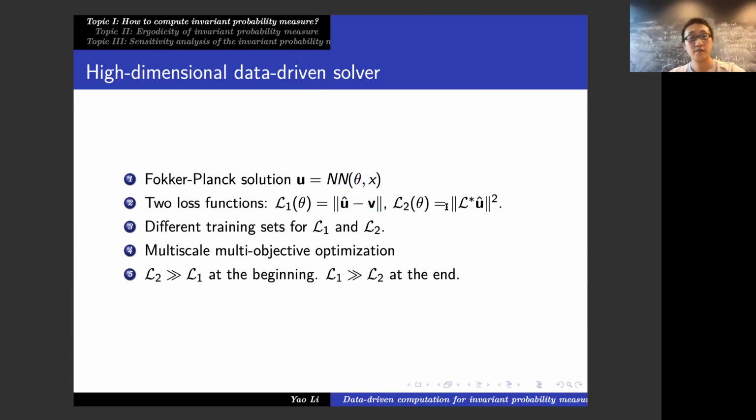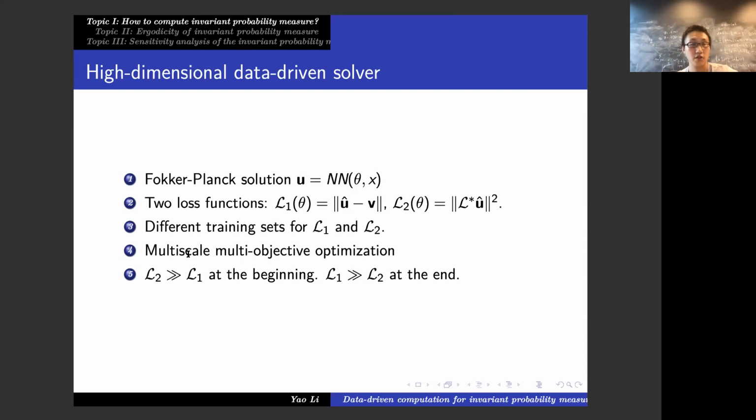We have different training sets for L1 and L2, because L1 relies on the Monte Carlo result, and in high dimension you cannot get a Monte Carlo approximation of the density everywhere. You can only do it for a few hundred or maybe a few thousand points, and the cost is pretty high, no matter what kind of kernel density estimator you use. And also it is really, really noisy.